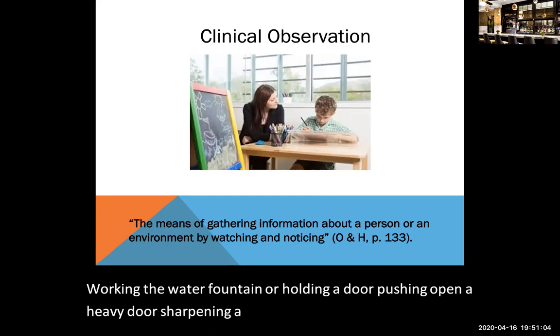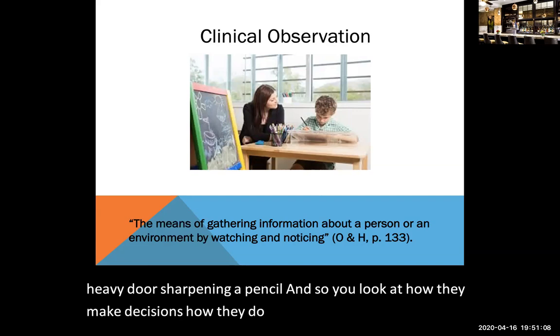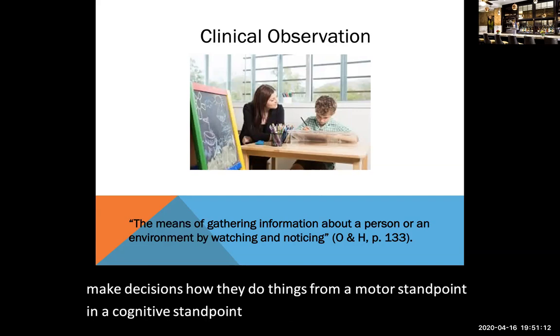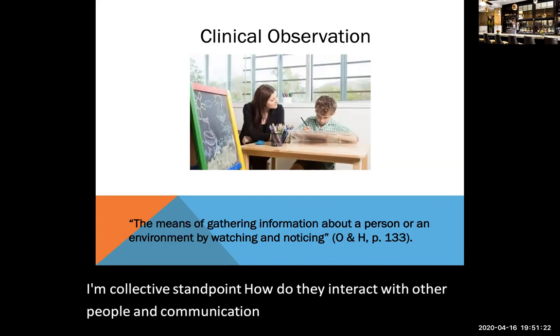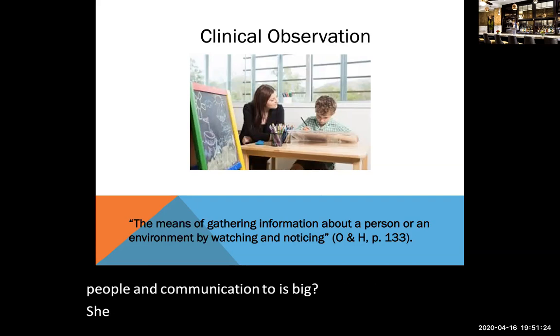And so you look at how they make decisions, how they do things from a motor standpoint and a cognitive standpoint and a collective standpoint. How do they interact with other people? And communication too is big.